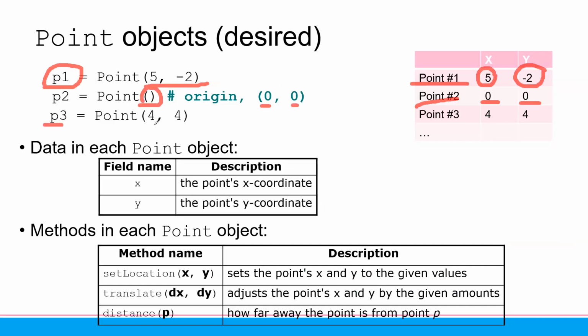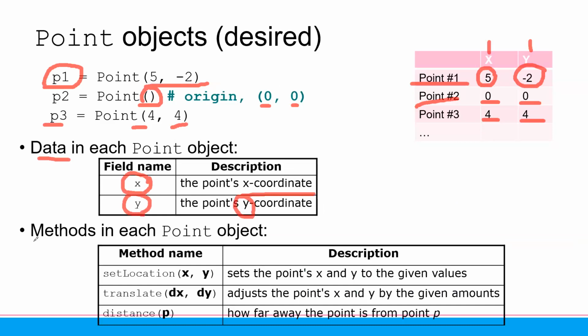I have point 3, and point 3 is 4, 4. Then x is 4 and y is 4. So the data in every point, I know that there are x and y. So I can define x, the field name or the data, which is about the x coordinate. And then I have the data y, which is about the y coordinate.